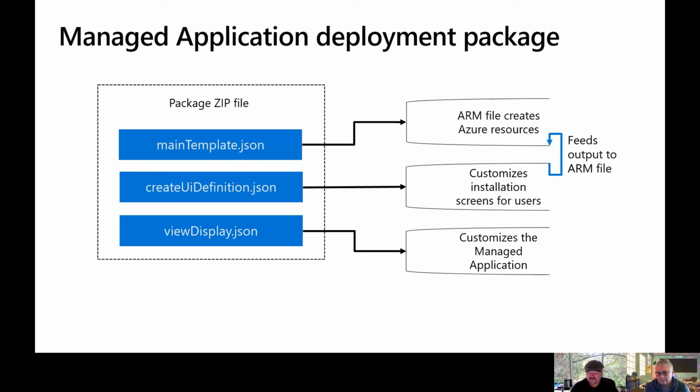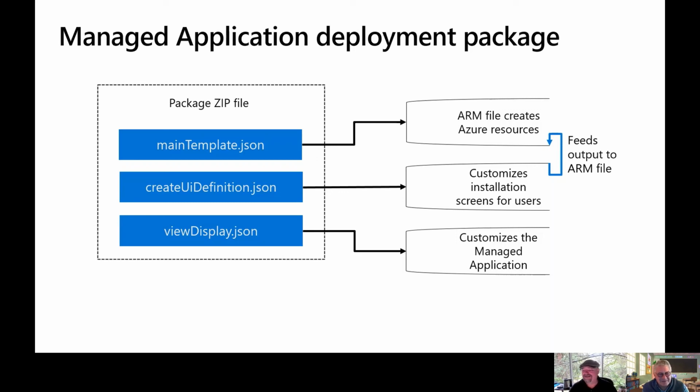With this, we're able to make changes to that managed application that we saw in that resource group on the previous slide. And we can do interesting things like create custom resource providers, which is going quite far beyond an overview, I think. So bottom line, we can customize our managed applications using the view definition.